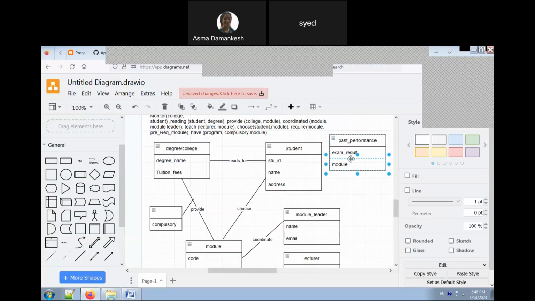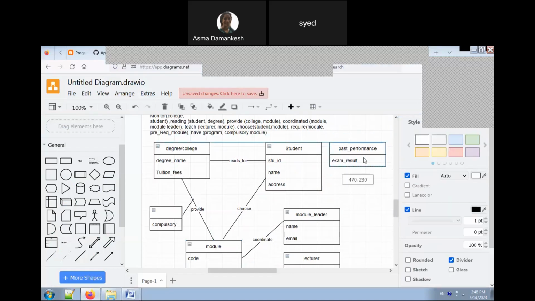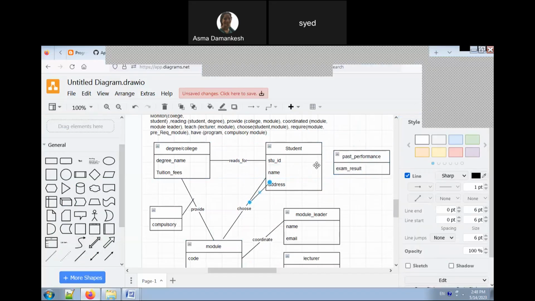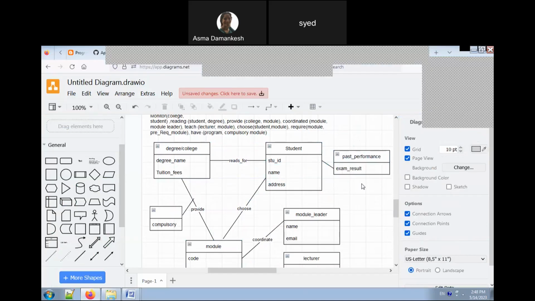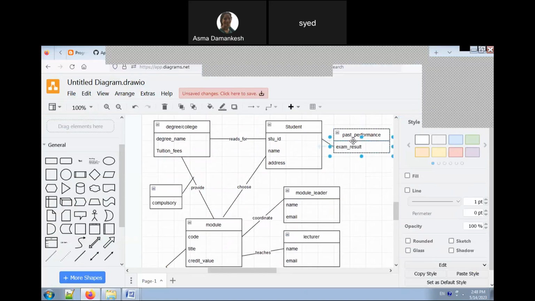No, it's defined as an entity. Because it is an entity, I cannot put it here, right? So a student has past performance. If I put the relation like this, I do not know for which module, no? Right? Right. So how would I know for which module this is happening?